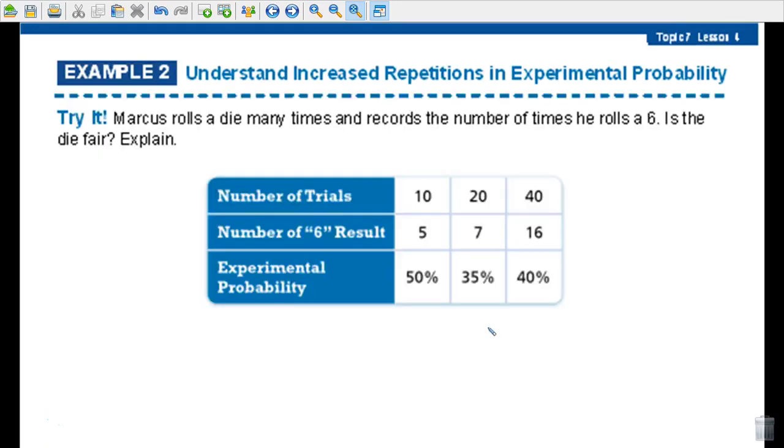Try it. Example two. Try it. Go ahead. Pause it. All right. Marcus rolls a die many times and records the number of times he rolls a six. Is the die fair? Okay, we're rolling a die. The numbers are 1, 2, 3, 4, 5, and 6. Okay, so he wants to roll a 6.